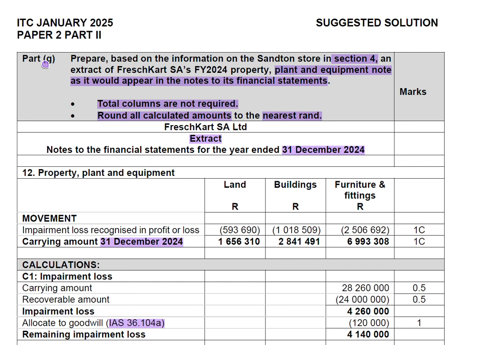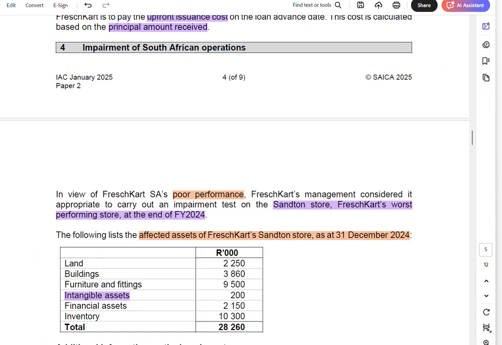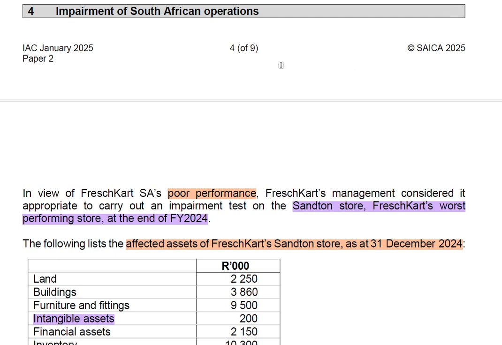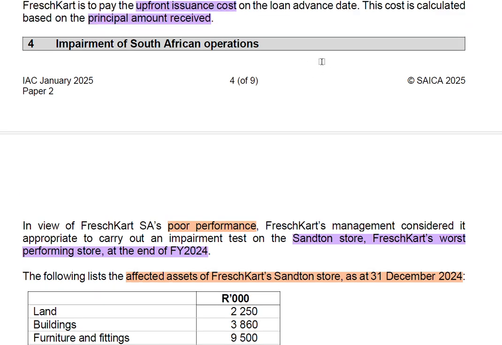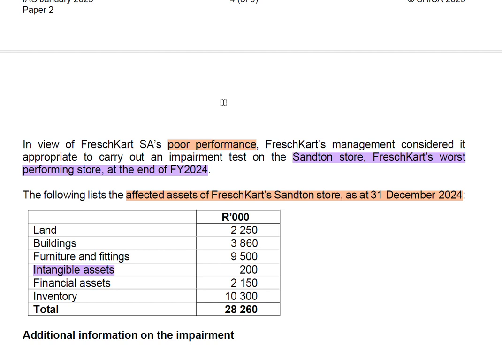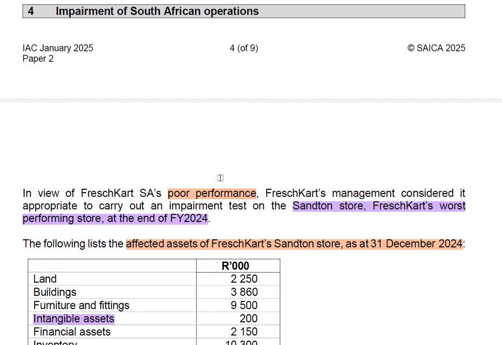We've already been told that this is in section 4, so we'll go straight to section 4 in our scenario. This is section 4 of our scenario, and it talks about the impairment of the South African operation. What we are told here is that this branch is performing poorly. It's not doing so well.